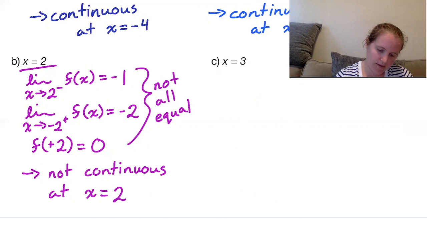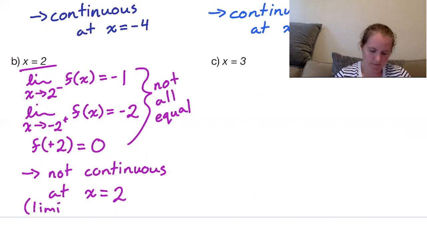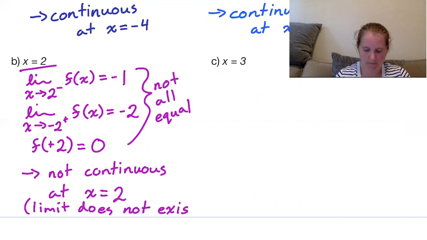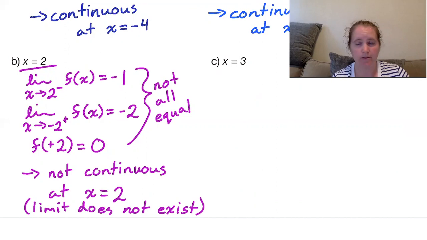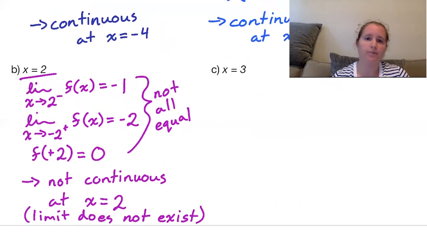So that is the reasoning for why the limit does not exist. With the limit not existing, it's impossible for the function value to equal the limit.